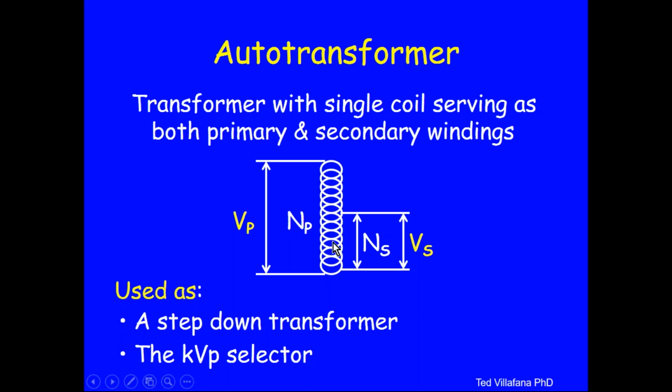But now in this low voltage part of the circuit, right at the wall, the voltage coming from the wall, you can step it down to whatever voltage you want, and small increments here will give you small increments of high voltage in the high voltage part of the circuit. So this is what we call the KVP selector. That's how you select the voltage.